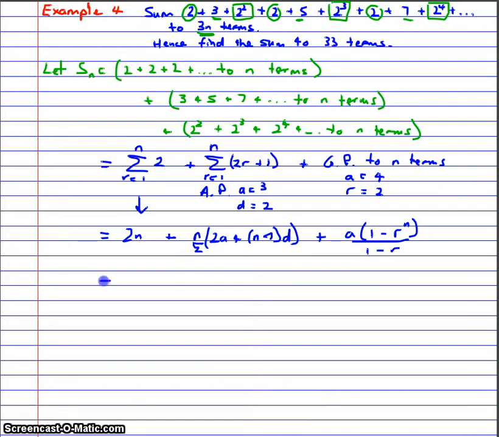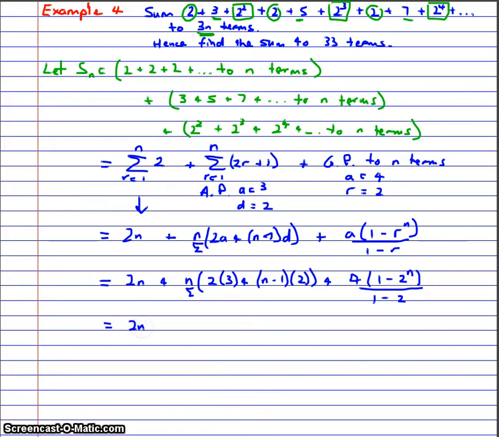So we've got 2n plus n over 2 outside of 2 times our value for a, which is 3, plus n minus 1 times the value for d, which is 2. That's for our arithmetic series, and for our geometric series, a is 4, our r value is 2, so it's 2 to the power of n over 1 minus 2.